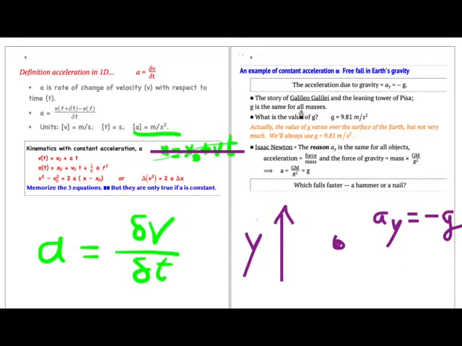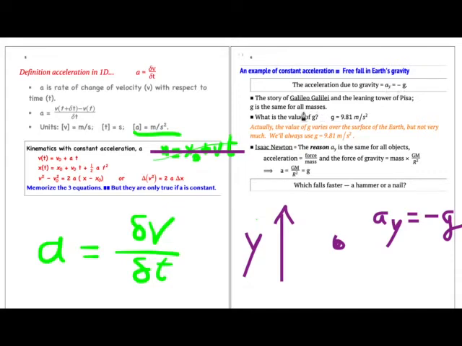This was discovered by the great Galileo Galilei. You probably know the story of Galileo and the Leaning Tower of Pisa. Supposedly he dropped different objects off the Leaning Tower of Pisa, and he observed that they all fell at the same rate. In other words, they all had the same acceleration. So the acceleration, g, is the same for all masses. For all different massed objects, the acceleration is the same.